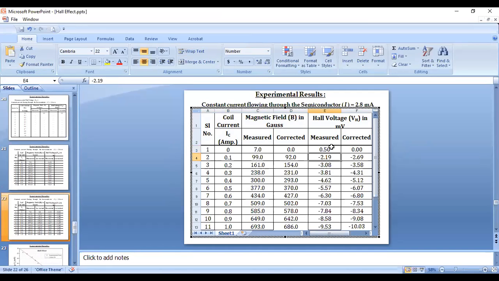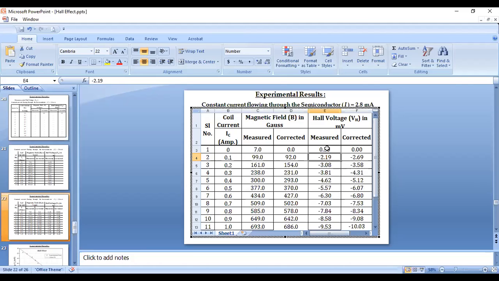So you are now subtracting 0.5 from all the values. That means the first one will be 0.5 minus 0.5, 0. Then minus 2.19 minus 0.5, minus 2.69, minus 3.08 minus 0.5, and so on.